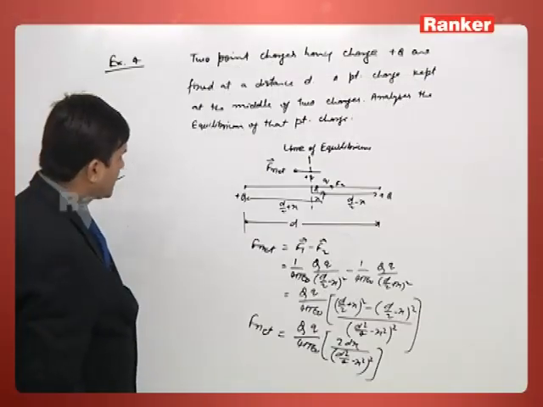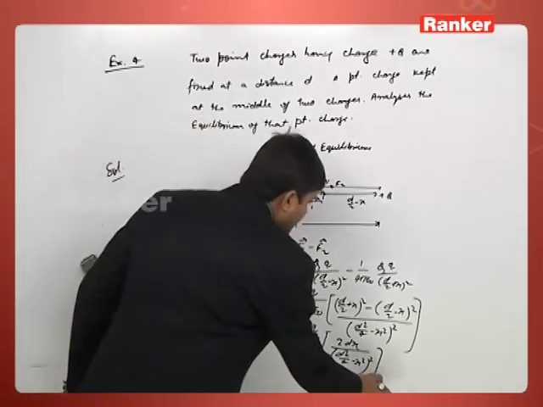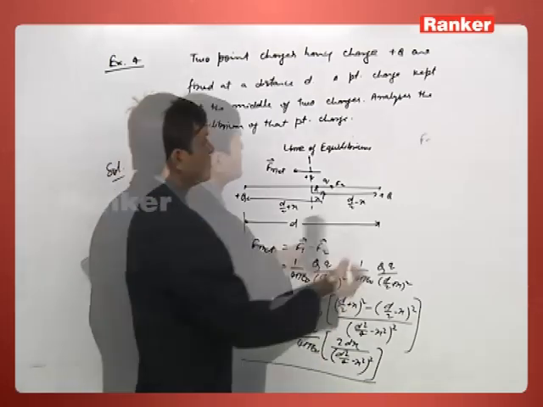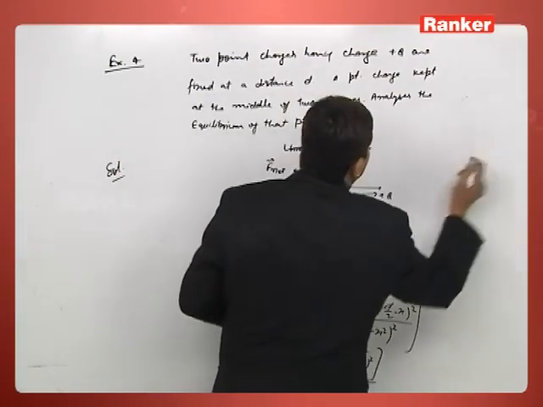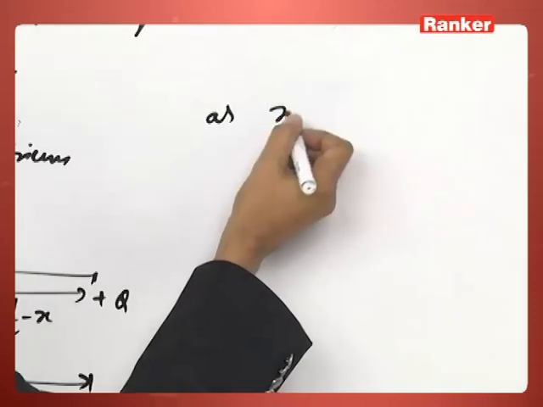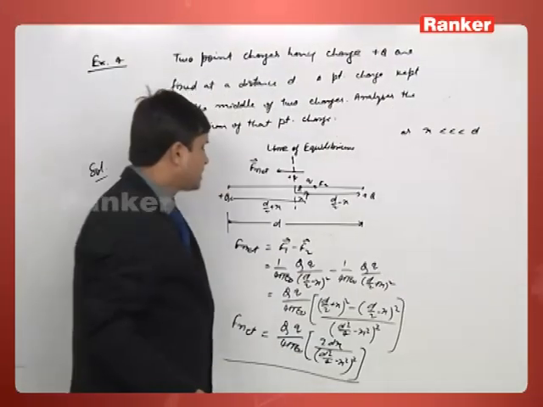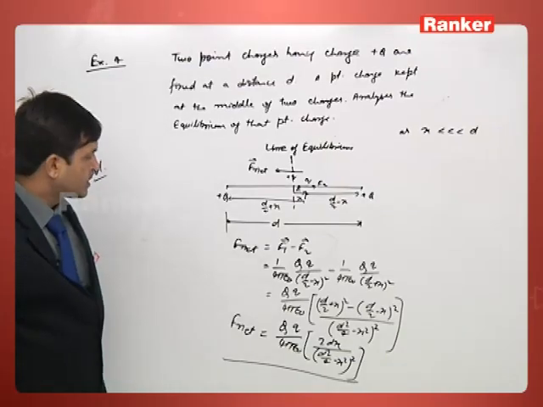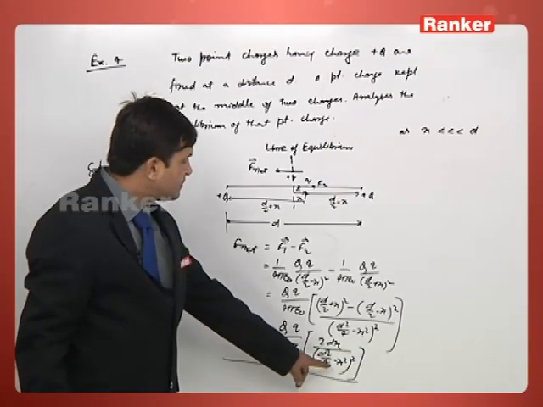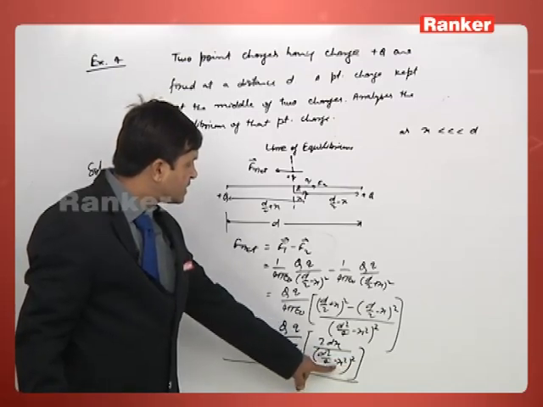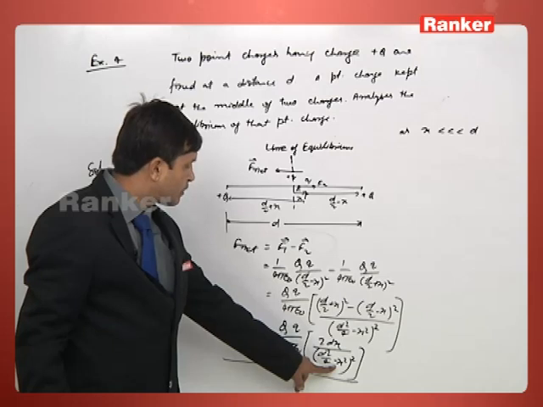See, an interesting point here. This is the net force acting, and that net force is acting in the left side direction. Now our displacement is very small, as x is very small as compared to d. So here the x term can be neglected or cancelled out.